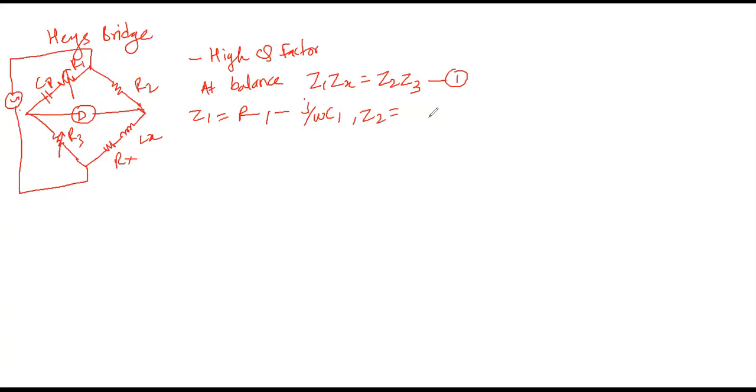Z2 is purely resistive, so it will be R2. Z3 again is purely resistive, so it is R3. And what about Zx?